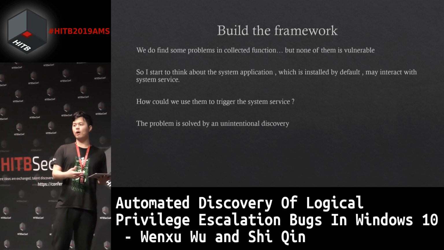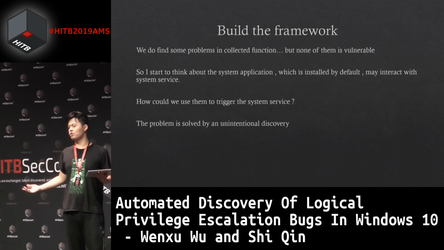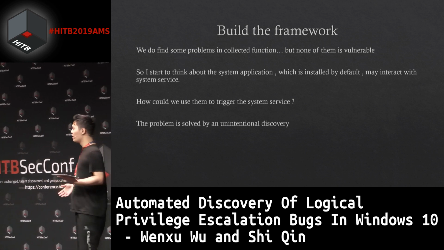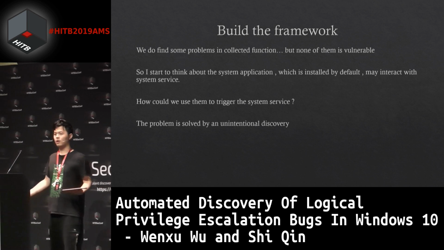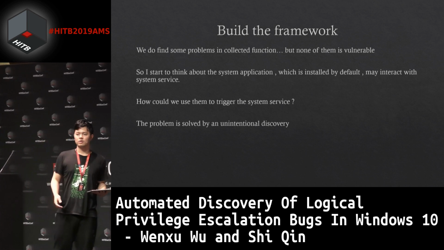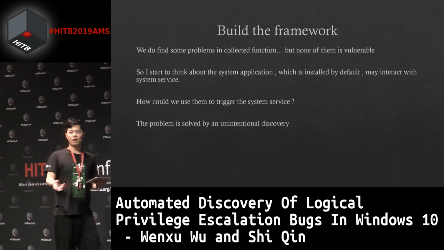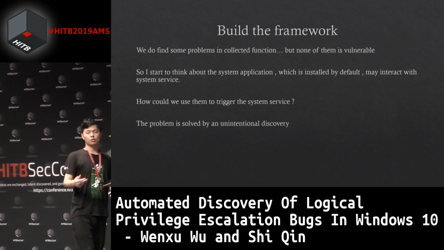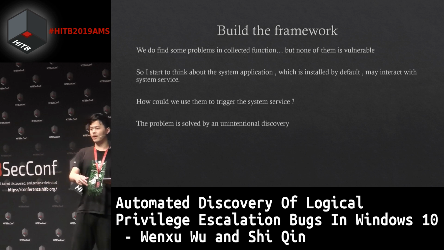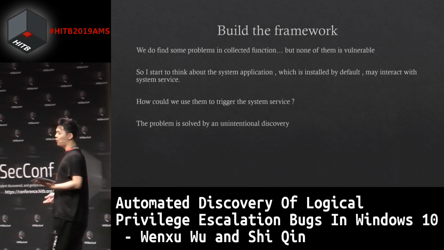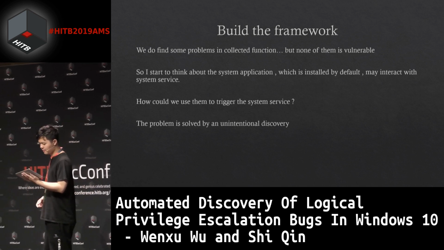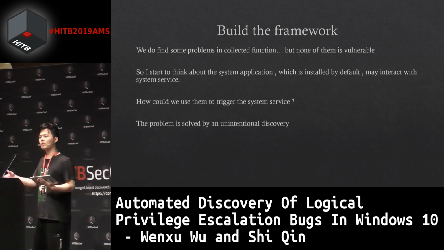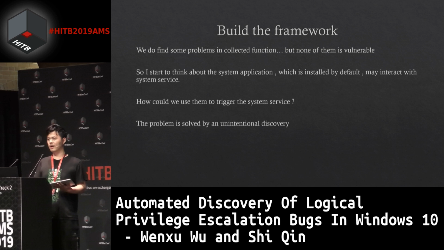Every one of us uses system applications developed by Microsoft in Windows 10 in our daily usage. So I started to think about whether they communicate with system services, for there are so many functions to be developed. So this problem was solved by an accident.